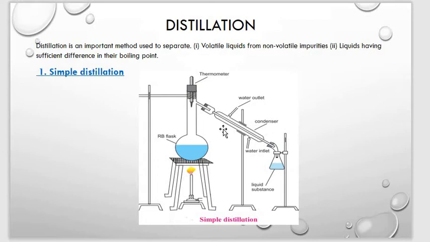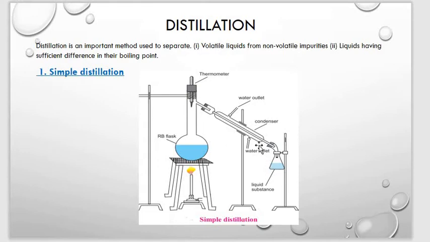The liquid to be distilled is in the round bottom flask and it is fixed by a clamp. The flask is placed on a water bath or oil bath depending upon its boiling point. The condenser is connected to the receiver to collect the purified liquid.